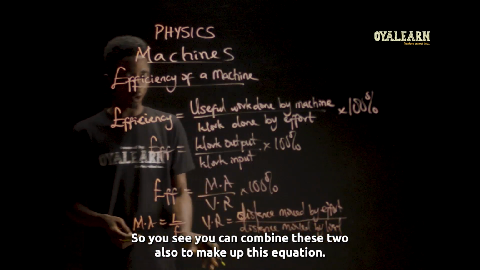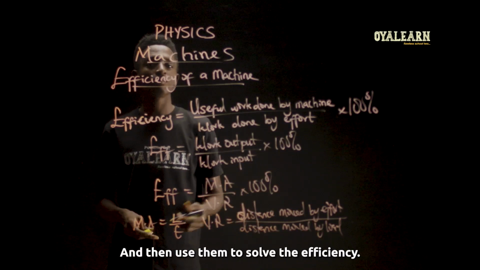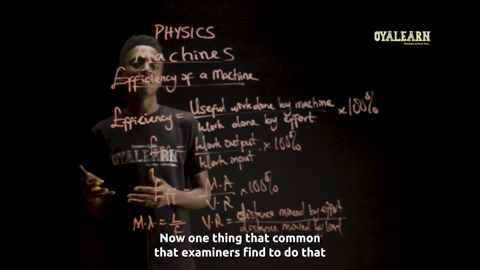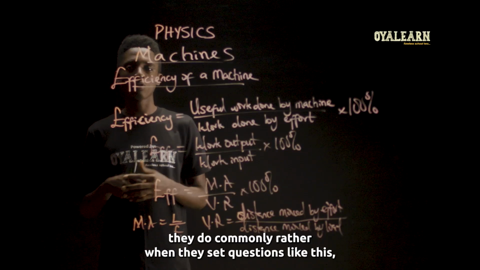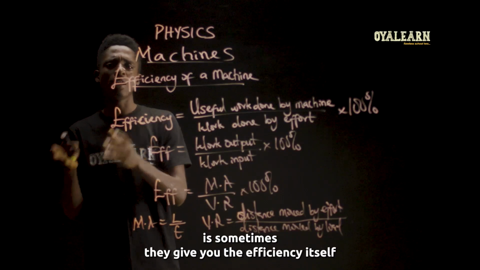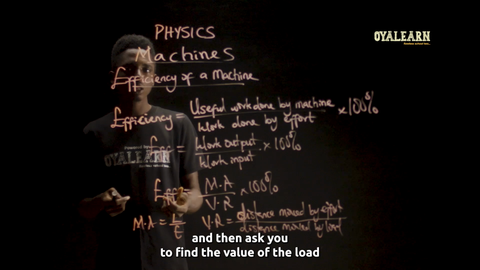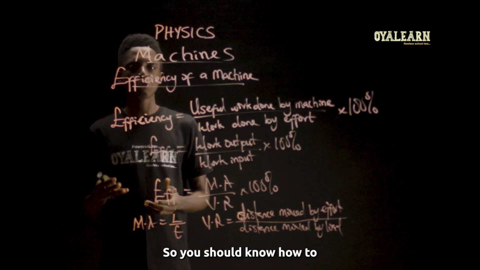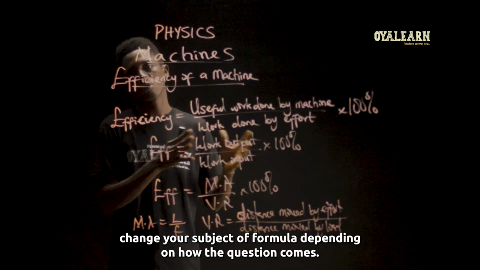So you can combine these two also to make up this equation and then use them to solve the efficiency. Now, one thing examiners commonly do when they set questions like this is sometimes give you the efficiency itself and then ask you to find the value of the load or the effort applied given other parameters. So you should know how to change the subject of the formula depending on how the question comes.